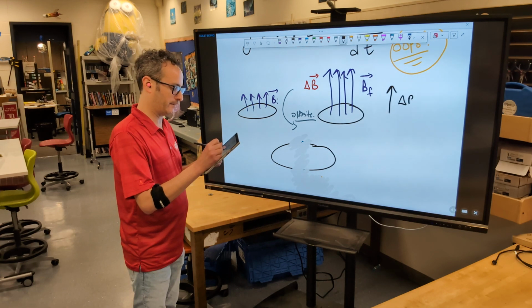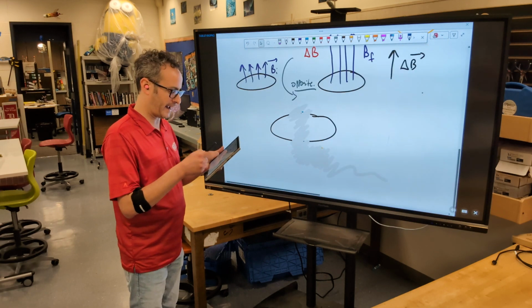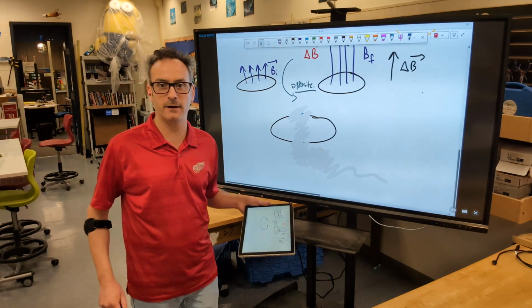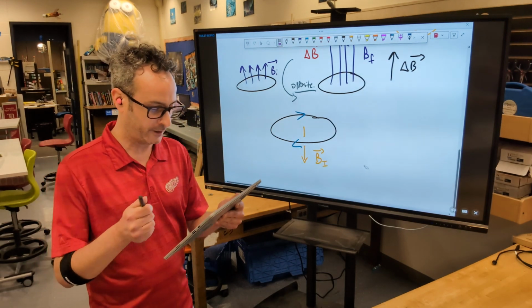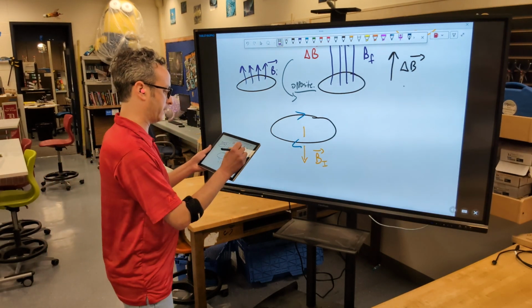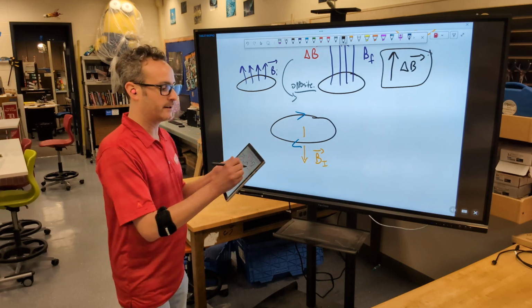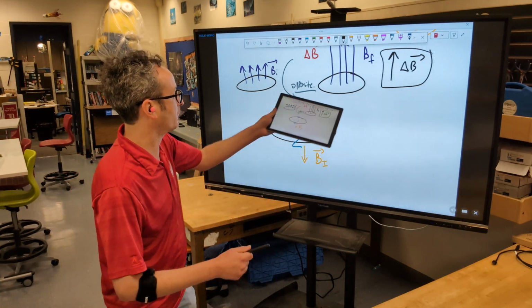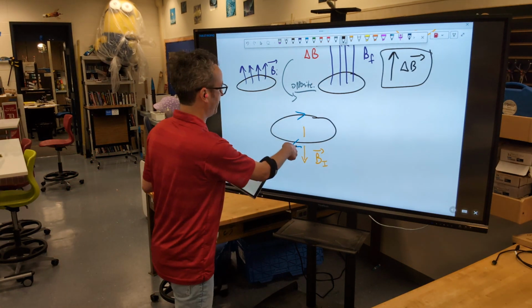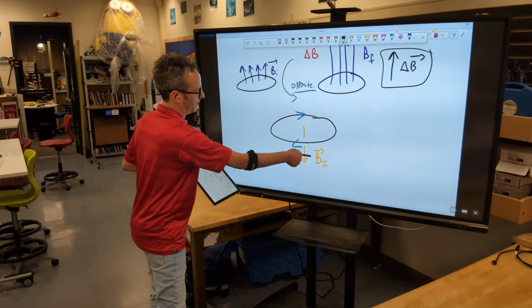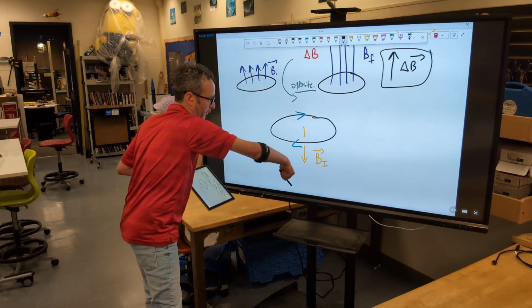That's the change in B. And so what's going to happen is the current that gets produced is going to create a magnetic field that goes against the change in flux. So if the change in flux goes up, then the magnetic field produced by the current must point down.